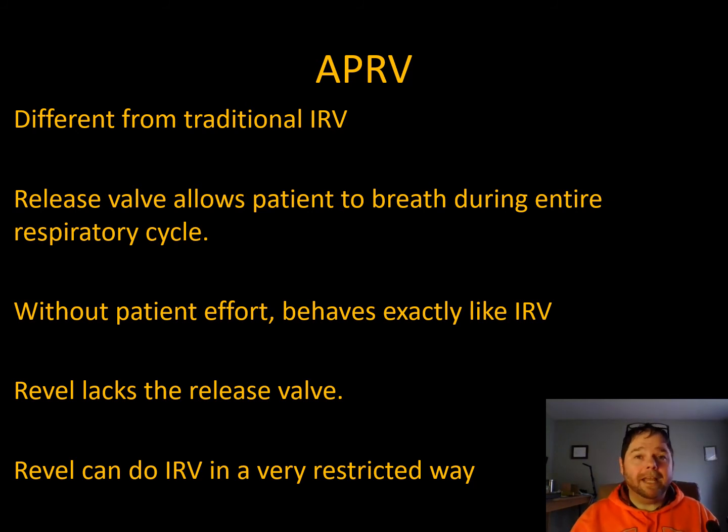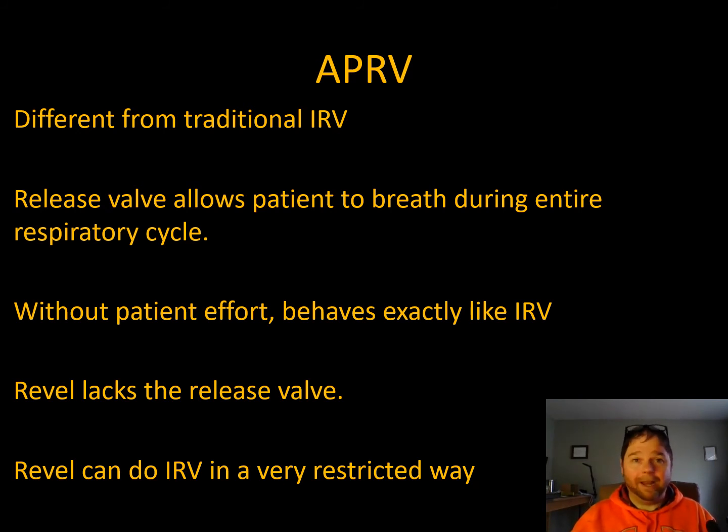If the patient doesn't have any respiratory effort, if they have no effort or they're paralyzed and sedated, then APRV works exactly like inverse ratio ventilation. Your I time is just longer than your E time. So that is the way that we can mimic that with our ventilator, because of course our ventilator lacks a release valve.